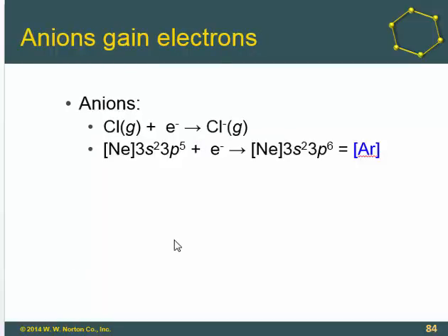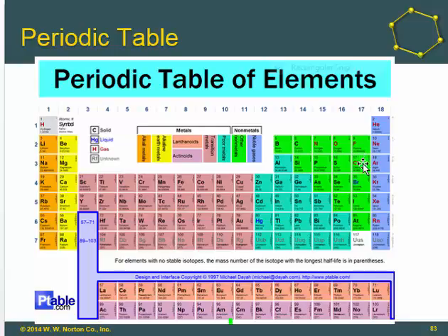Anions gain electrons, and here's a chemical reaction of a chlorine atom gaining an electron. If we look at chlorine on the periodic table, here it is, atomic number 17, in the third period. To write its condensed electron configuration, we go up to the second period and write neon in brackets, 3s2, 3p5.